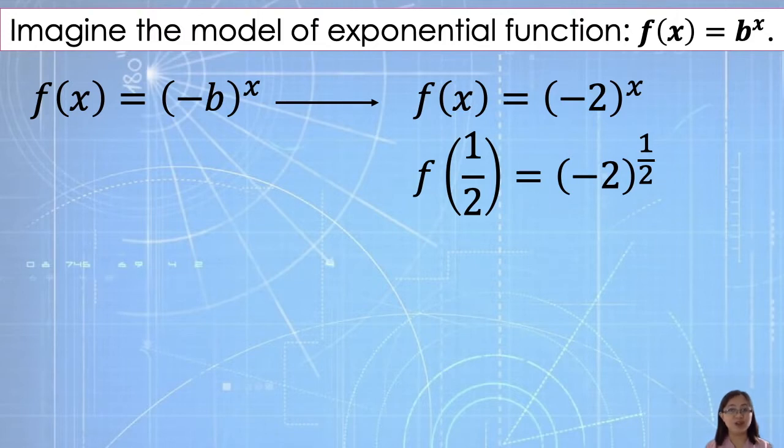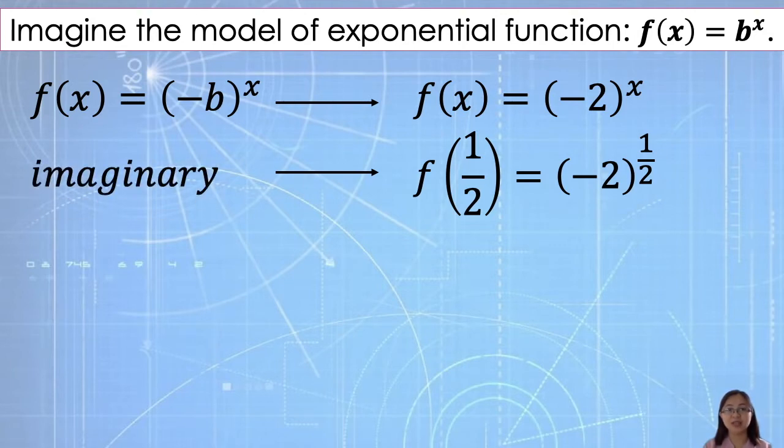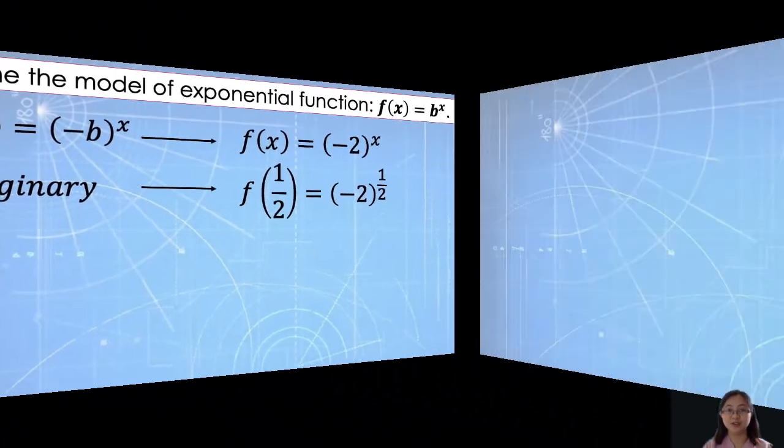By the law of rational exponents, this is the same as the square root of negative 2, which gives us unreal numbers, or what we call imaginary numbers.